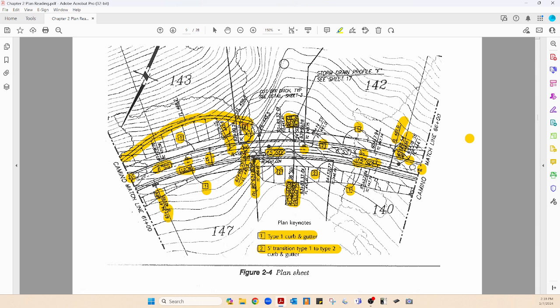When you see V's like this in contour lines, the top is uphill, so the water's running down through here and it's going to be slowed down by this. And then it's going to go under the road to another one, and this continues downhill. This water goes all the way down across and under the road, probably clearing out all the sediment.